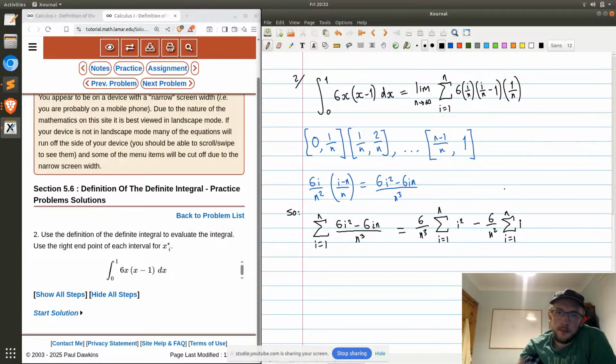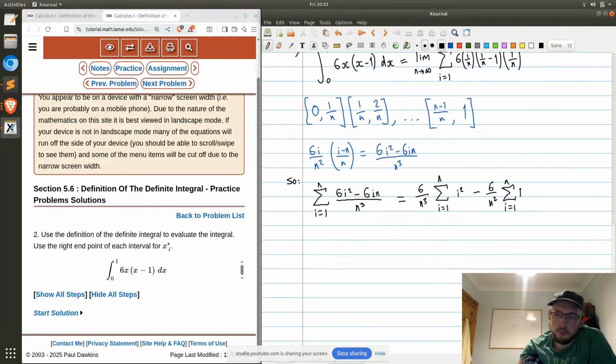So, what is the formula for the sum of the squares? Well, this I tend to forget.